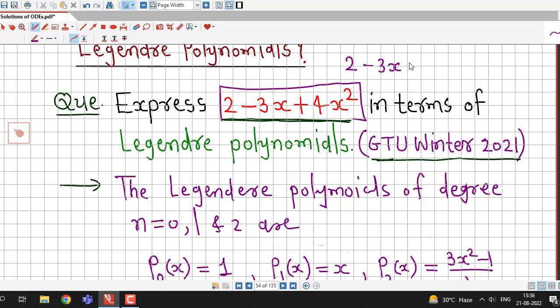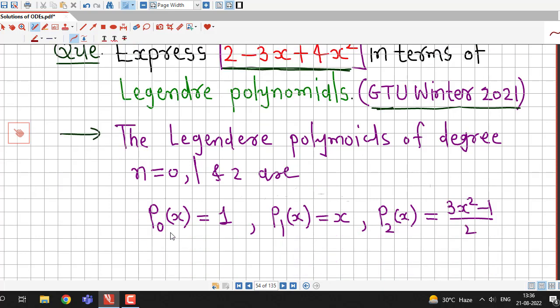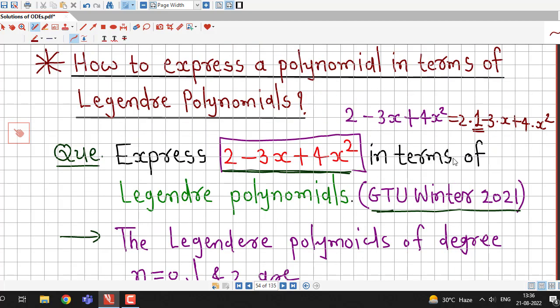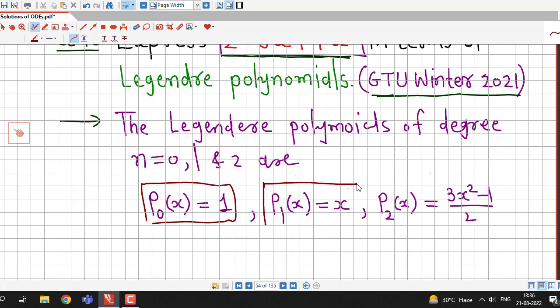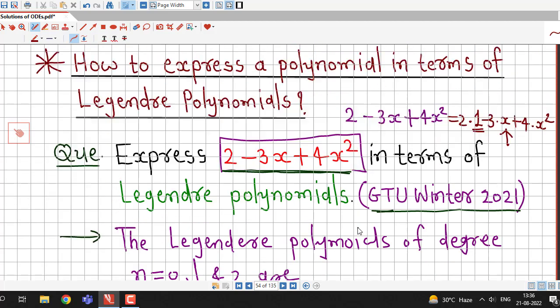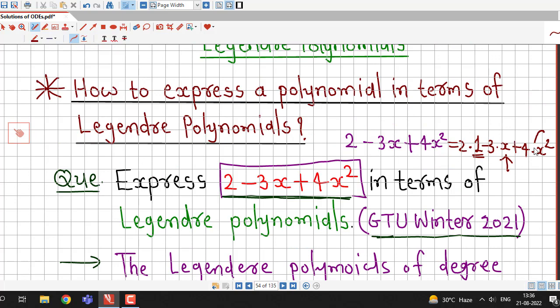You can write 2 minus 3x plus 4x square as 2 into 1 minus 3 into x plus 4 into x square. Now I know that this 1 can be replaced by P0(x), and this x can be replaced by P1(x), and I have to obtain the expression for x square in terms of P2(x).